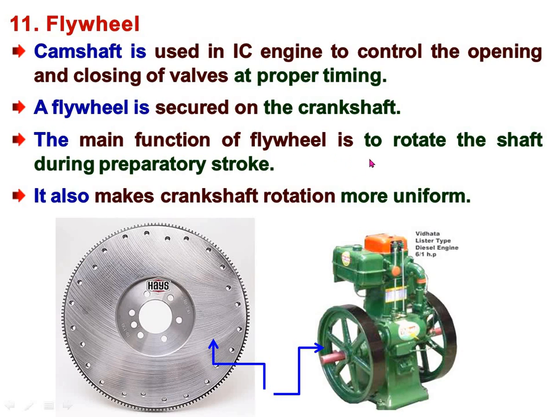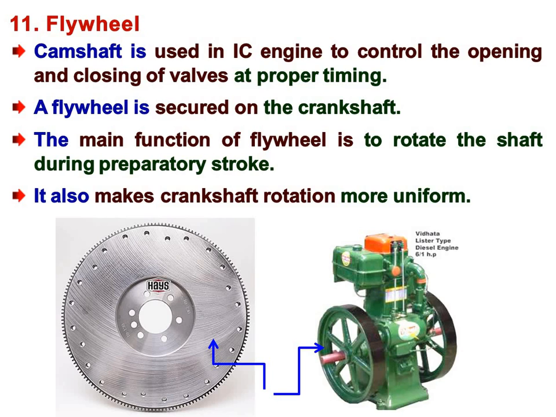The main function of the flywheel is to rotate the shaft during the preparatory strokes. This flywheel stores the energy which is produced during the power stroke, and it supplies it during the idle strokes. It may be the suction stroke, the compression stroke, or the exhaust stroke.